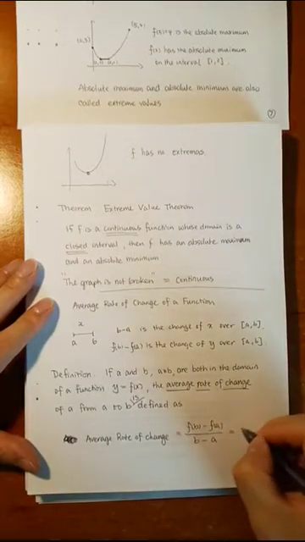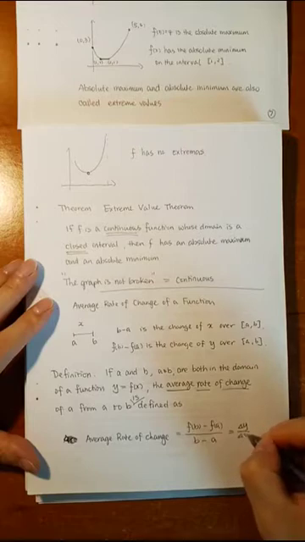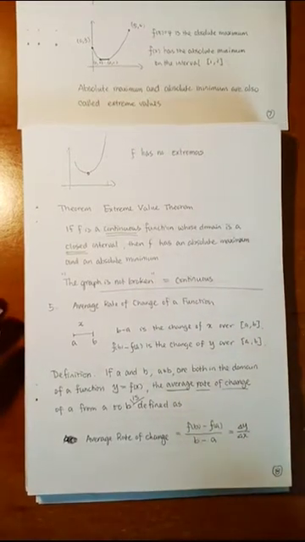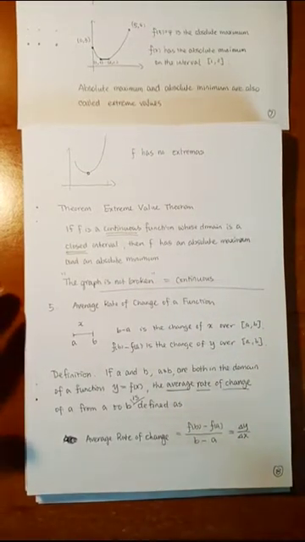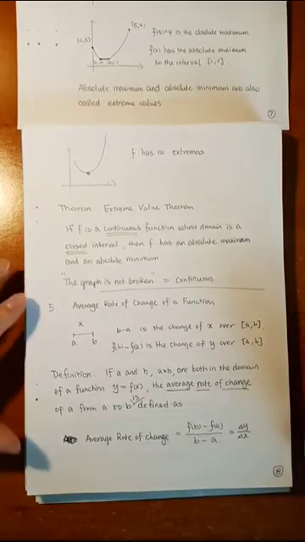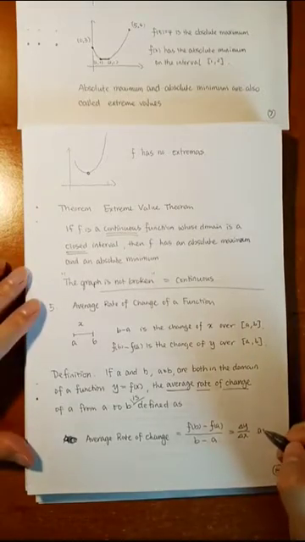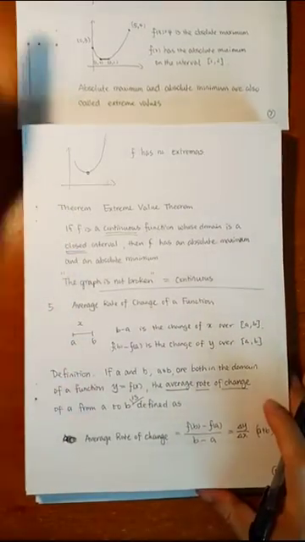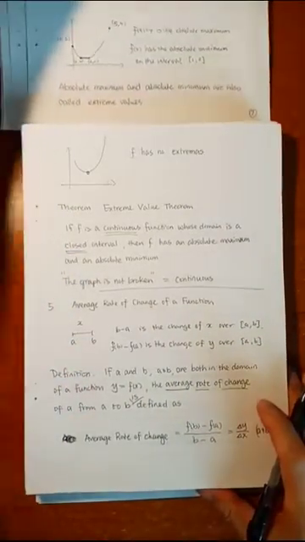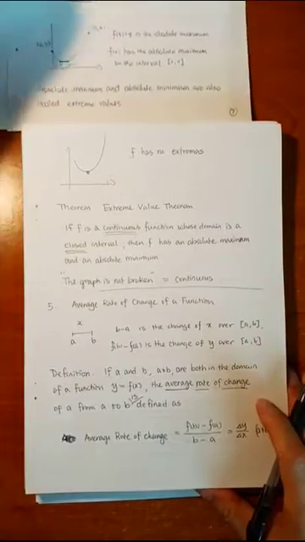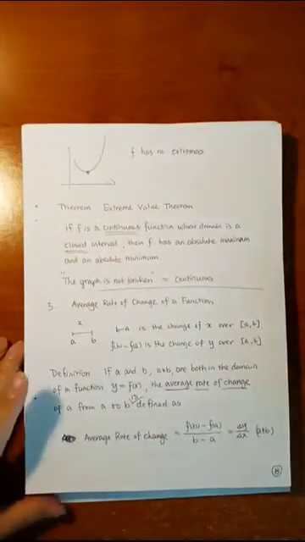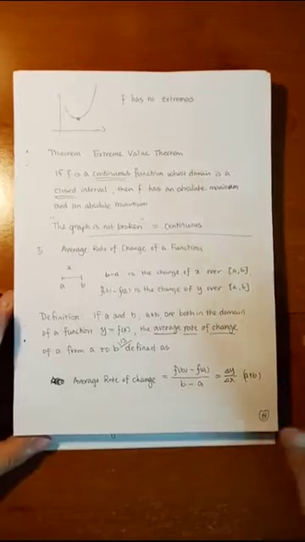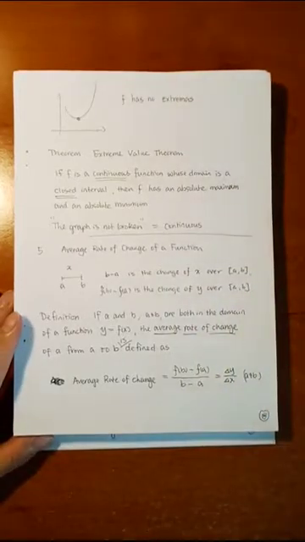In the short symbol, we can use delta y over delta x, the difference of y value over the difference of the x value. Here we emphasize a is not equal to b. The denominator is not 0. Okay, so this is our average rate of change.